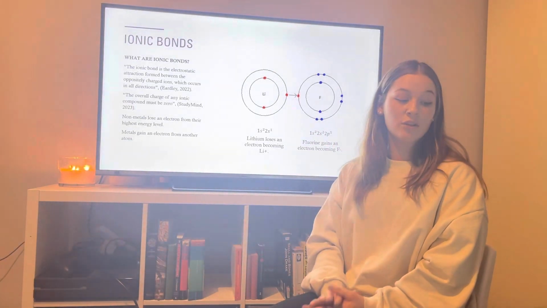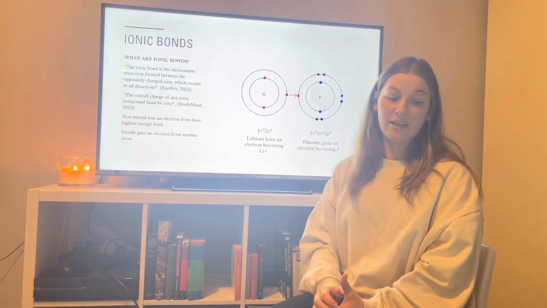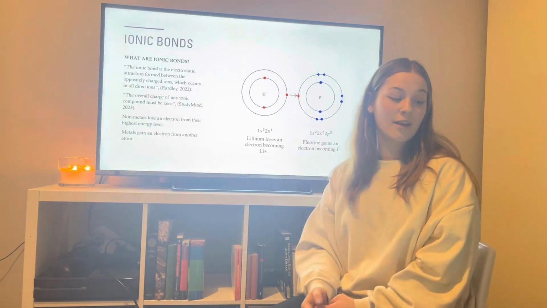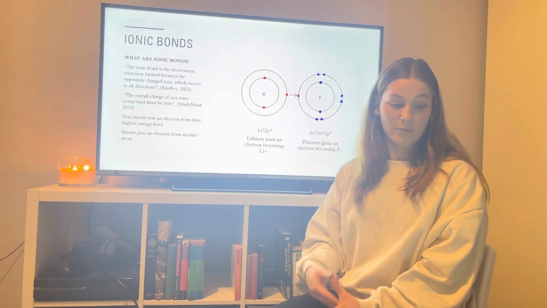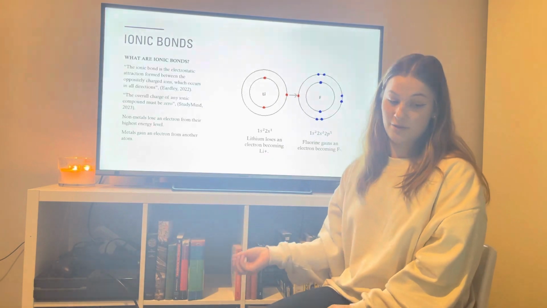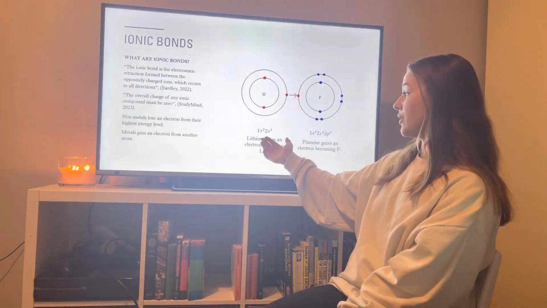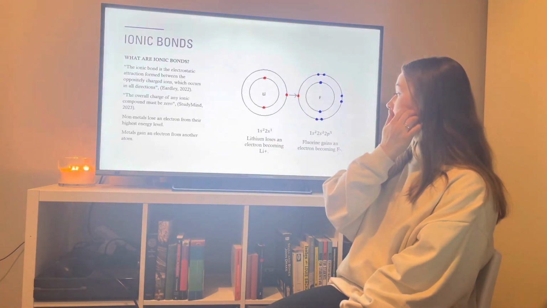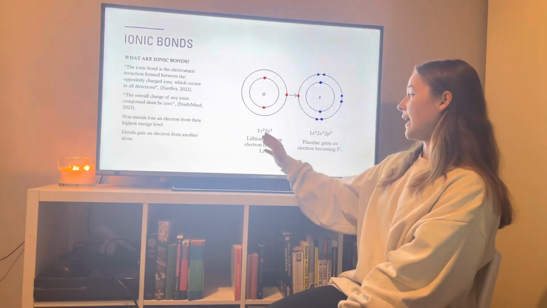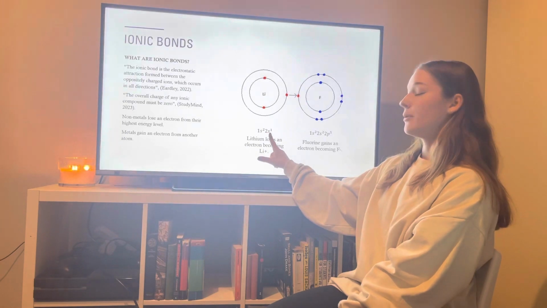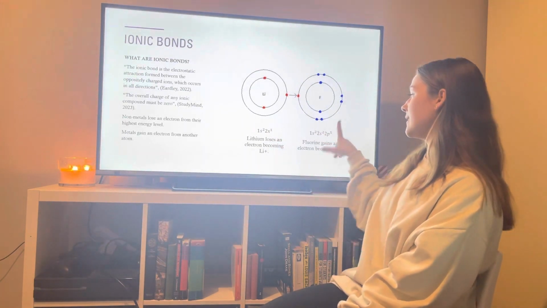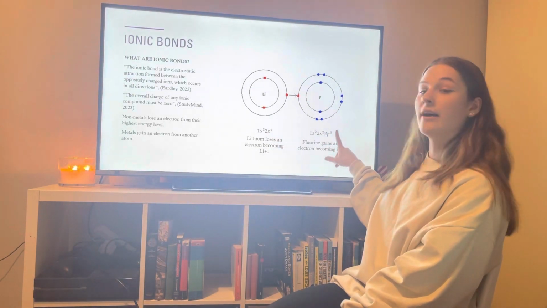So non-metals lose an electron from their highest energy level, becoming cations, whereas metals gain an electron from another atom, becoming anions. And here we have the electronic configuration of the atoms. So here we can see in the S subshell we only have one electron, and in the P subshell we have 5.